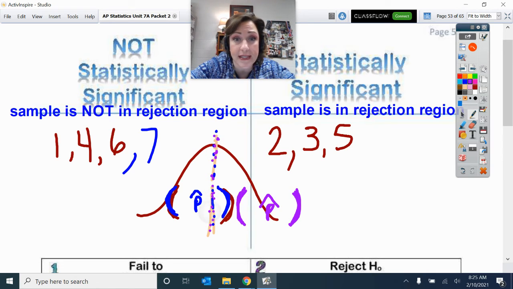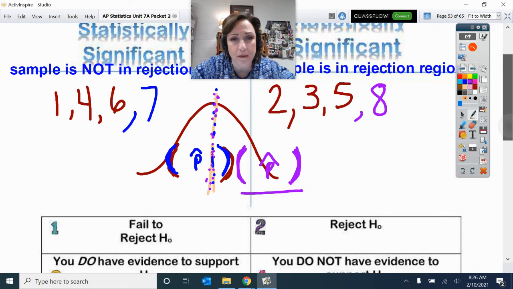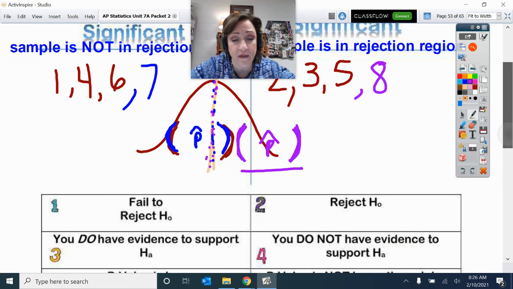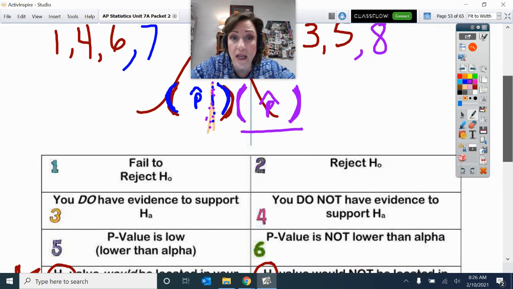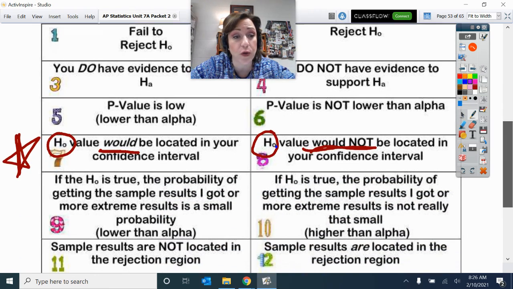This null hypothesis is not in my interval, and I would have made a decision to reject the null. So that's why that goes there. Hopefully that picture clarifies the relationship between statistically significant and whether the null hypothesis is in the interval or not.